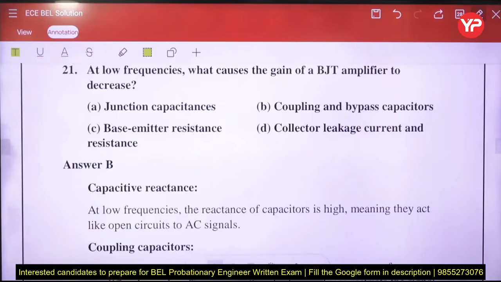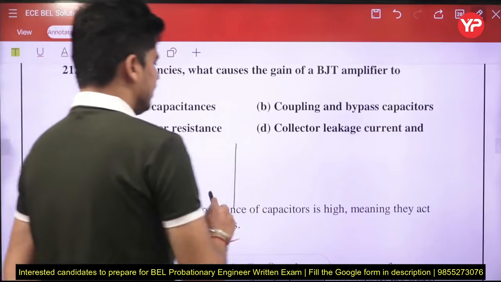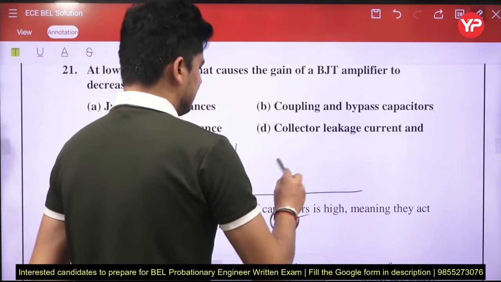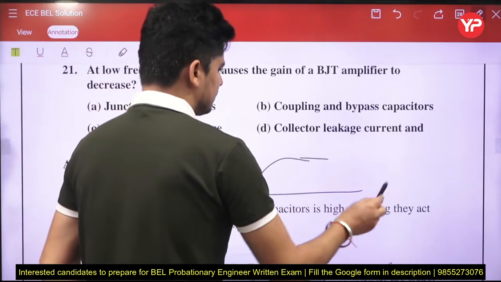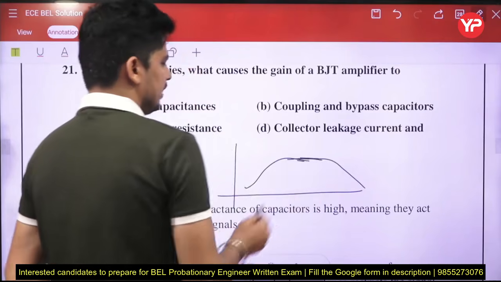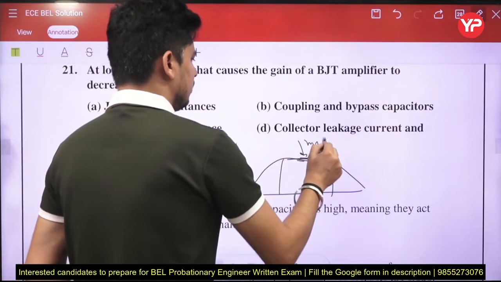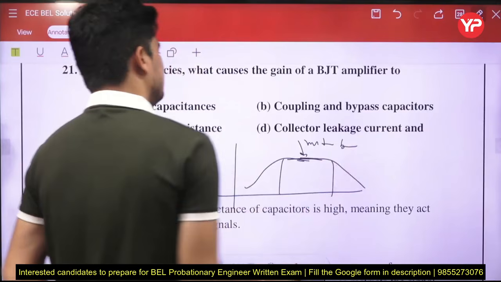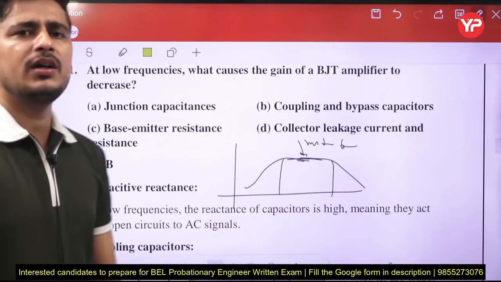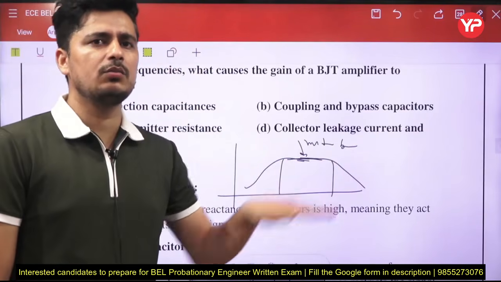At low frequency, what causes the gain of a BJT amplifier to decrease? See, basically, whenever we talk about a BJT amplifier, the frequency response looks like this, gain versus frequency. This portion is called the mid-band gain, the mid-band region. In this region, the gain of the amplifier is almost constant.